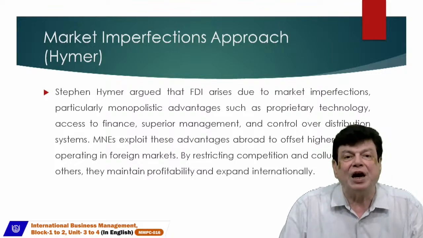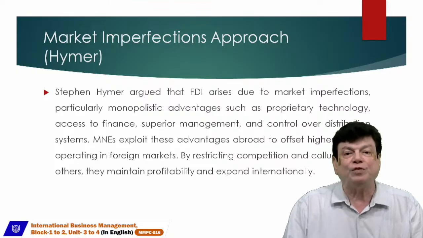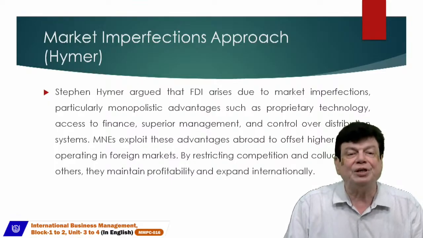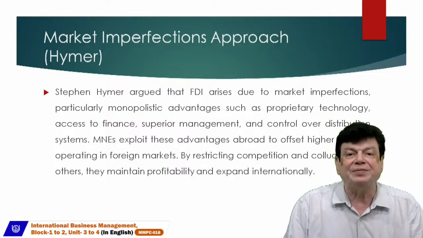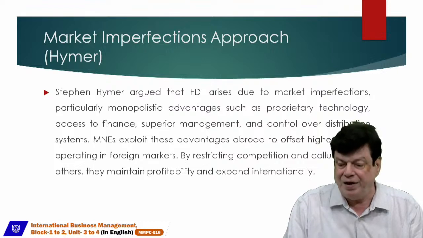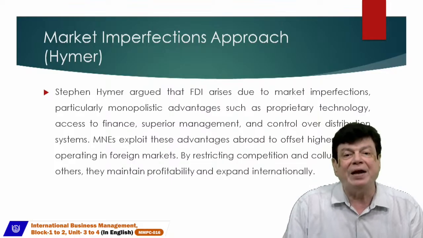Stephen Hymer argued that FDI arises due to market imperfections, particularly monopolistic advantages such as proprietary technology, access to finance, superior management and control over distribution systems. MNEs exploit these advantages abroad to offset higher costs of operating in foreign markets. By restricting competition and colluding with others, they maintain profitability and expand internationally.